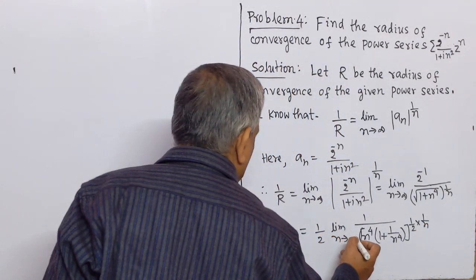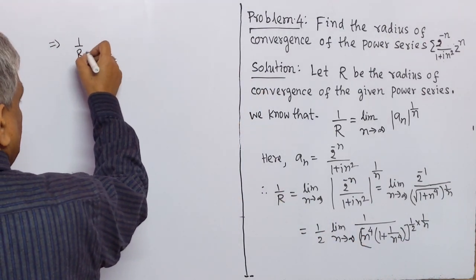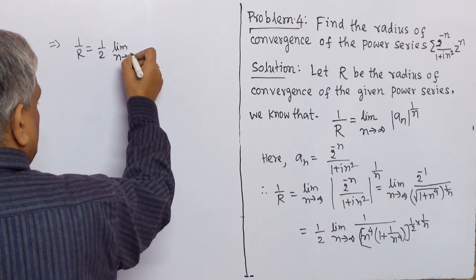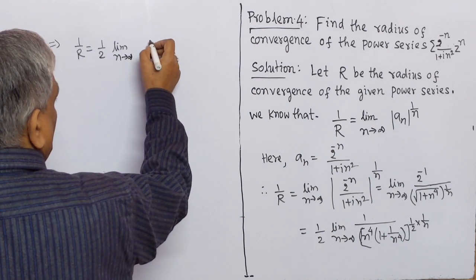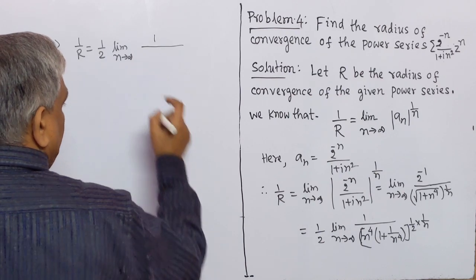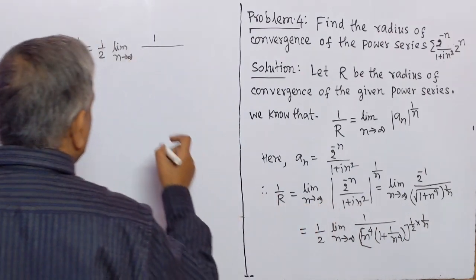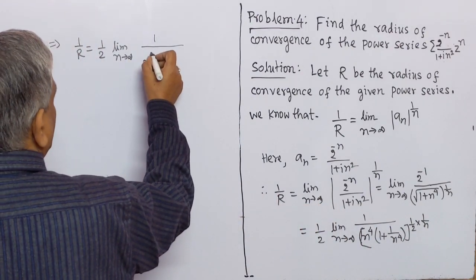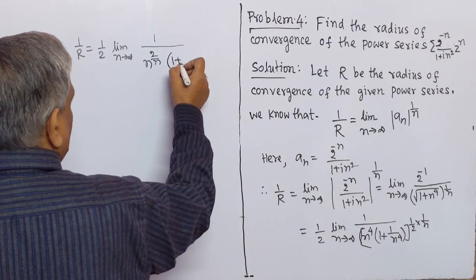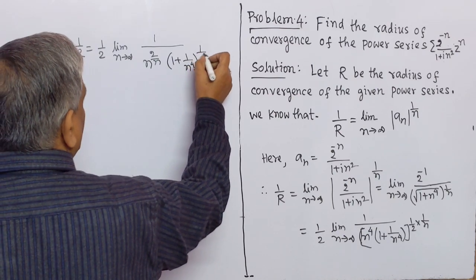Implies that 1 by r equal to half limit n tends to infinity, here n to the power 4, here 1 by 2n, that is n to the power 2 by n, and 1 plus 1 by n to the power 4 to the power 1 by 2n.